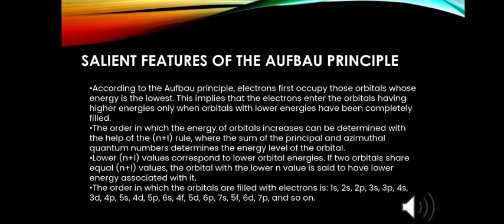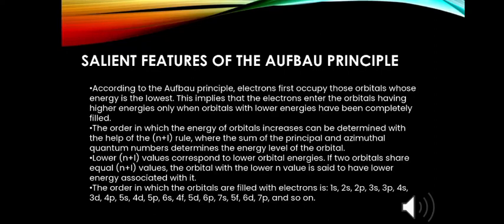Now the fourth feature of this principle is the order in which the orbitals are filled with electrons. Here they have given us the order according to which we have to fill the orbitals. First we fill 1s, then 2s, then 2p, 3s, 3p.